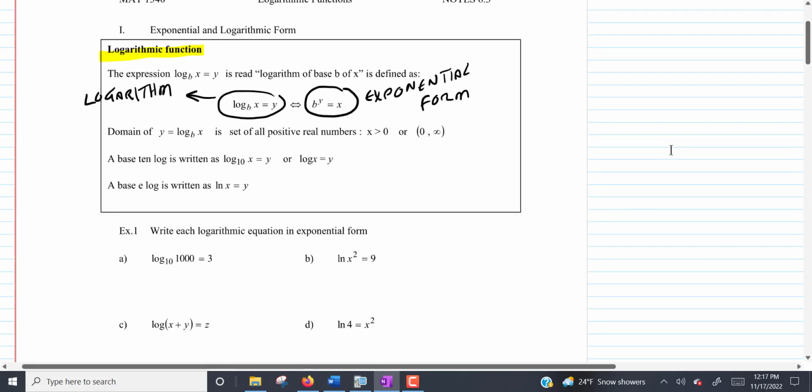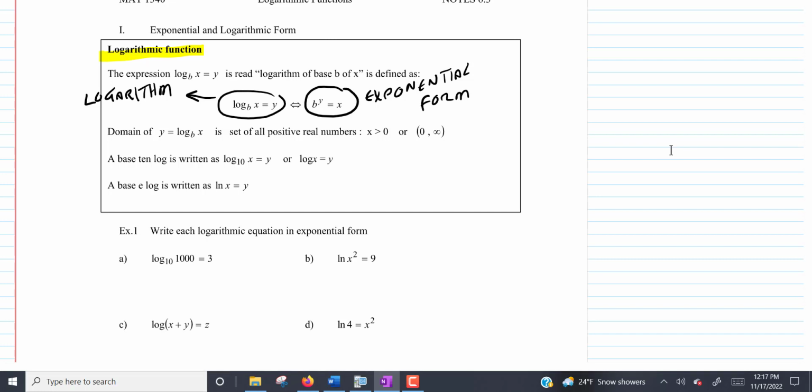A couple of things I want to show you: mainly how to convert from one form to another, before we really get into what a logarithm is. There are a couple of things you want to know. If you have log, that's a base 10 log, and if you have ln, that's what we call a base e log.